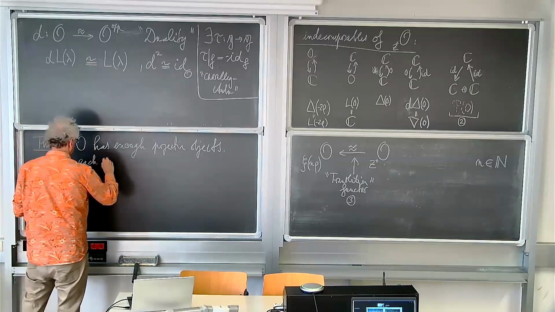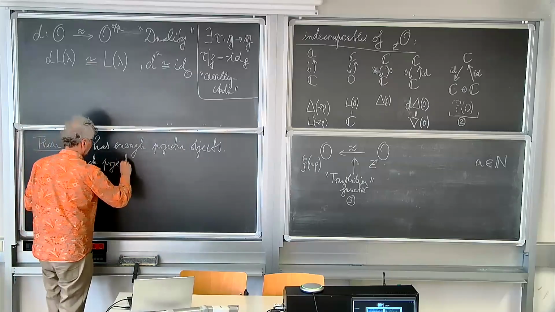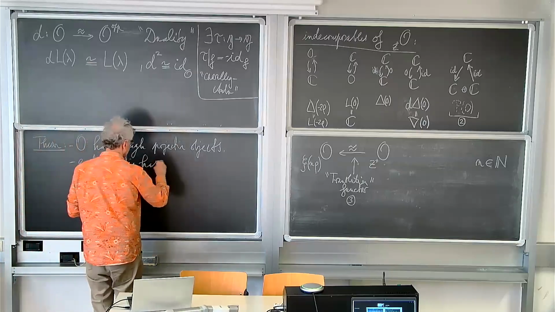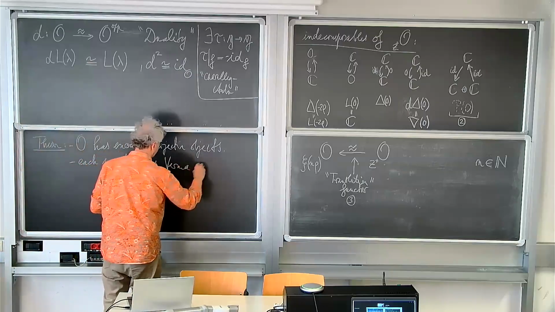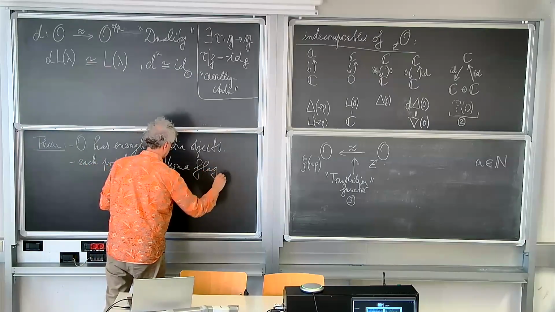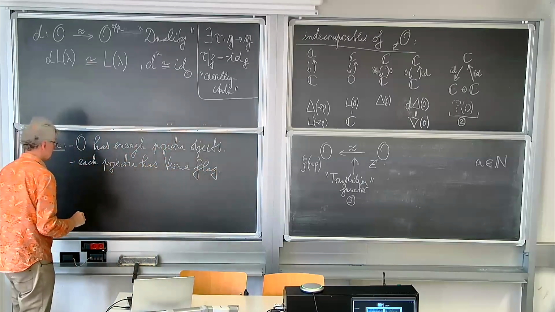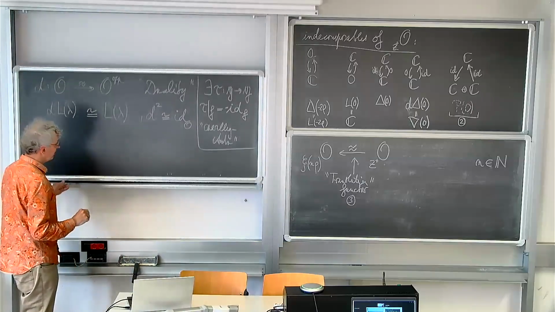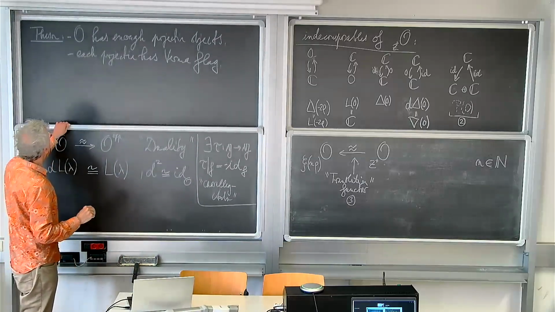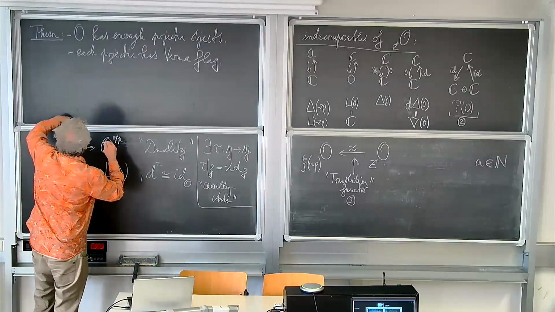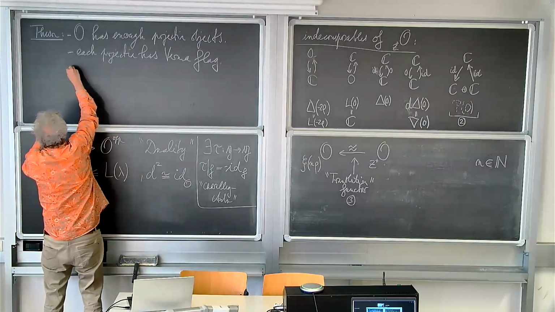Each projective has a Verma flag, so a filtration where all the subquotients are Vermas. And the last thing is like this.